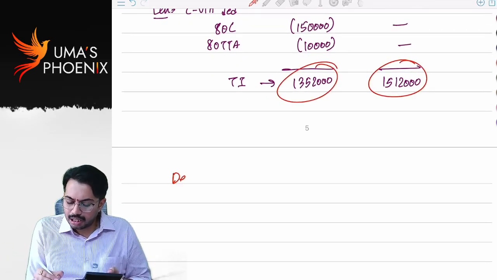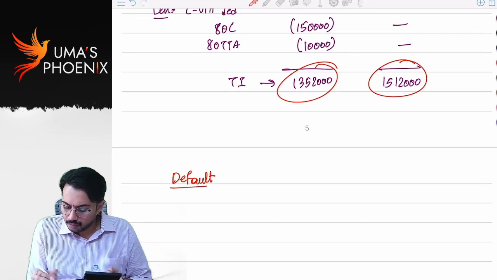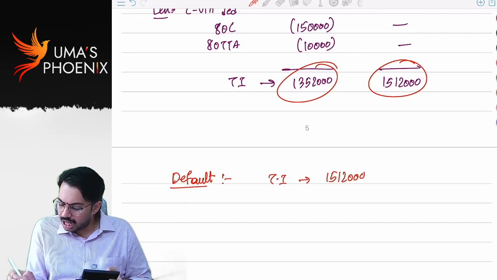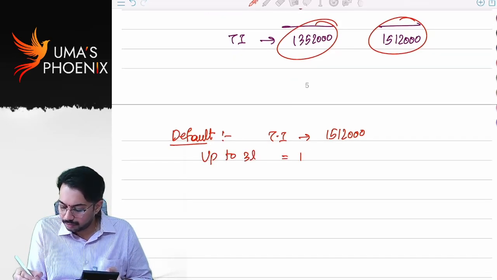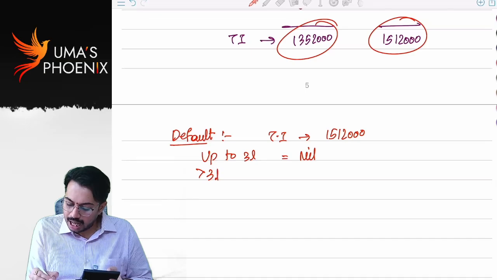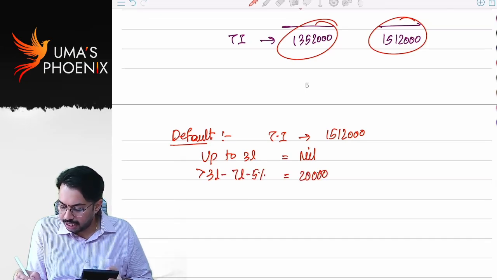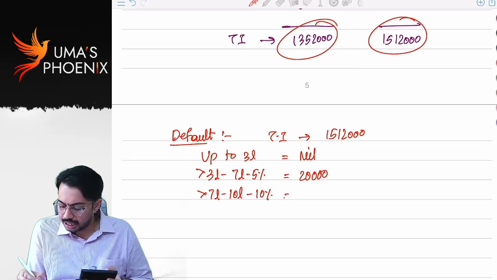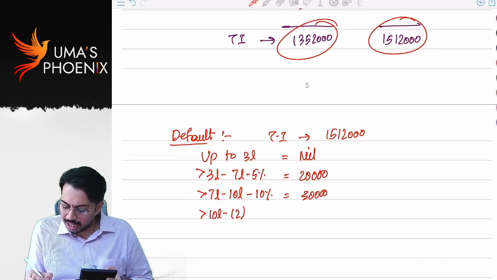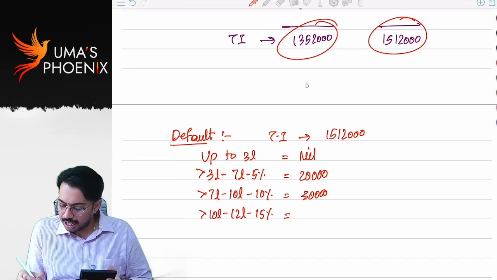So under default tax rates, total income 15 lakh 12,000. What are tax rates? Up to 3 lakh tax amount is nil. Greater than 3 lakh up to 7 lakh tax rate is 5%, tax amount is 20,000. Greater than 7 lakh up to 10 lakh tax rate is 10%, tax amount is 30,000. Greater than 10 lakh up to 12 lakh tax rate is 15%, tax amount is 30,000.